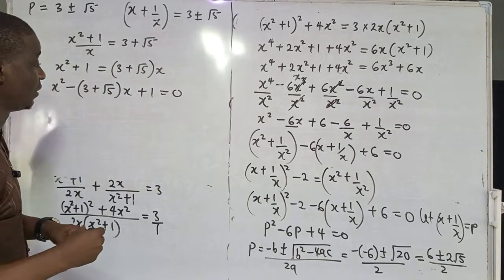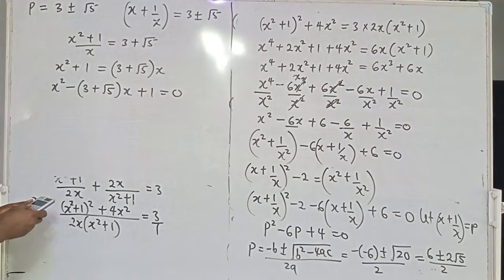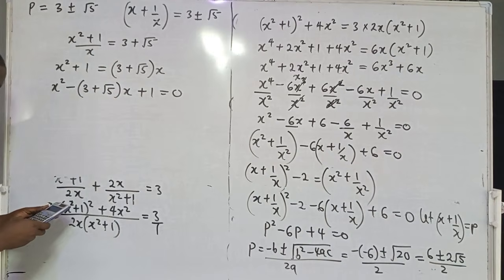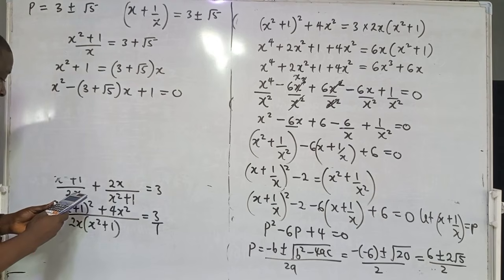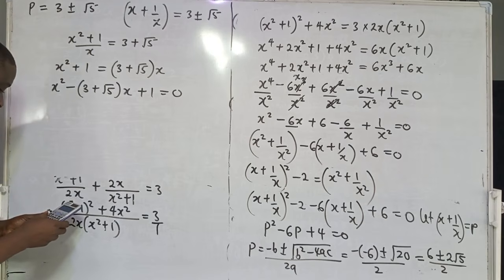So give me the calculator there, let me confirm it. Now we have the equation, then we have number 3, then we have 1, minus 1 first. Then minus, open bracket, 3 plus root 5, then close the bracket, then 1.